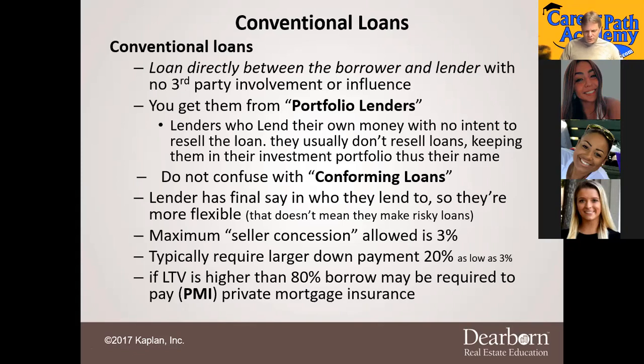So let's go to conventional loans. Let's write: max seller concession allowed 3%.